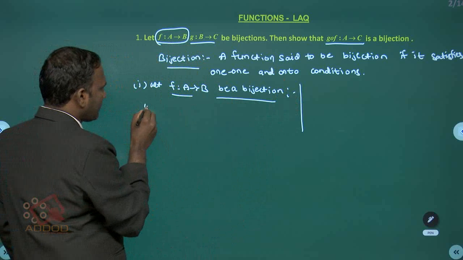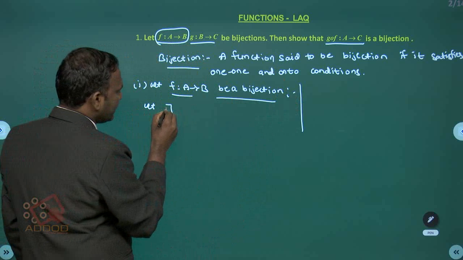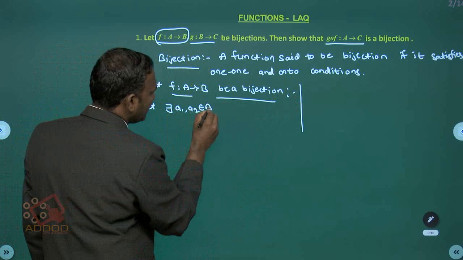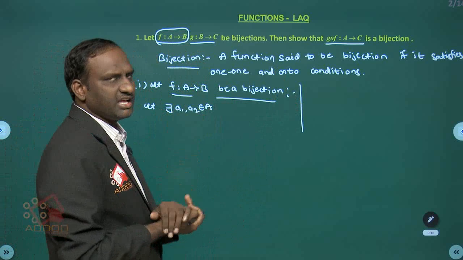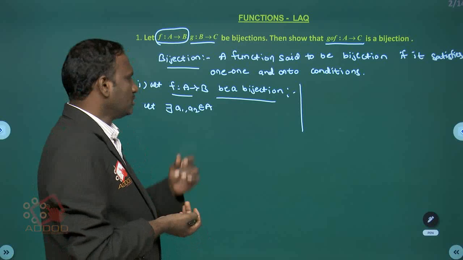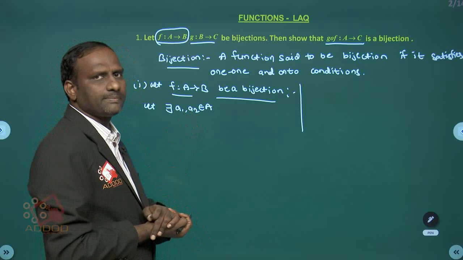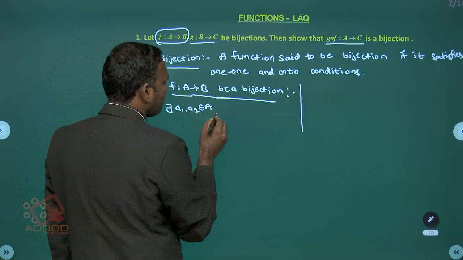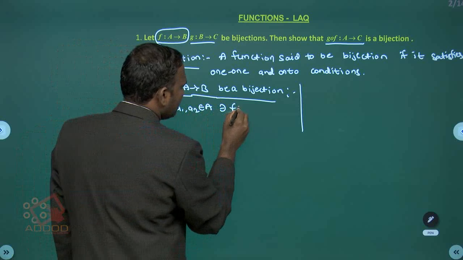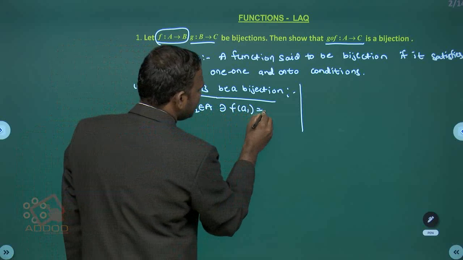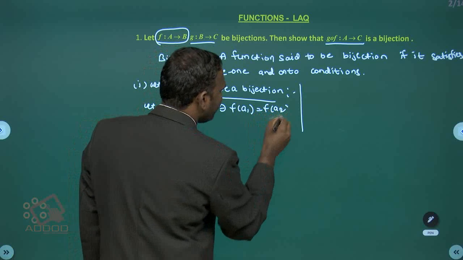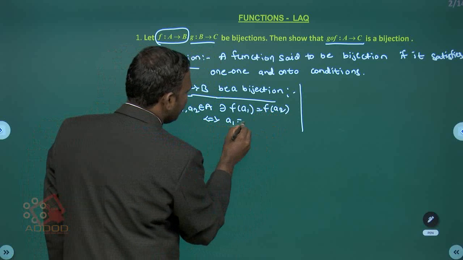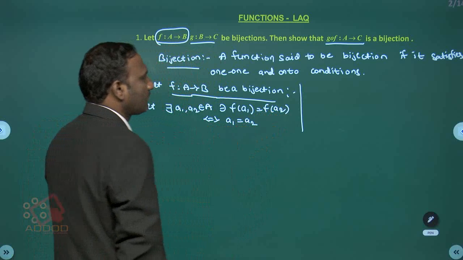Let there exist a1, a2 belonging to A. Here A is the domain and B is the codomain, so we need to take domain elements. There exist a1, a2 belonging to A such that f(a1) = f(a2) if and only if a1 = a2.